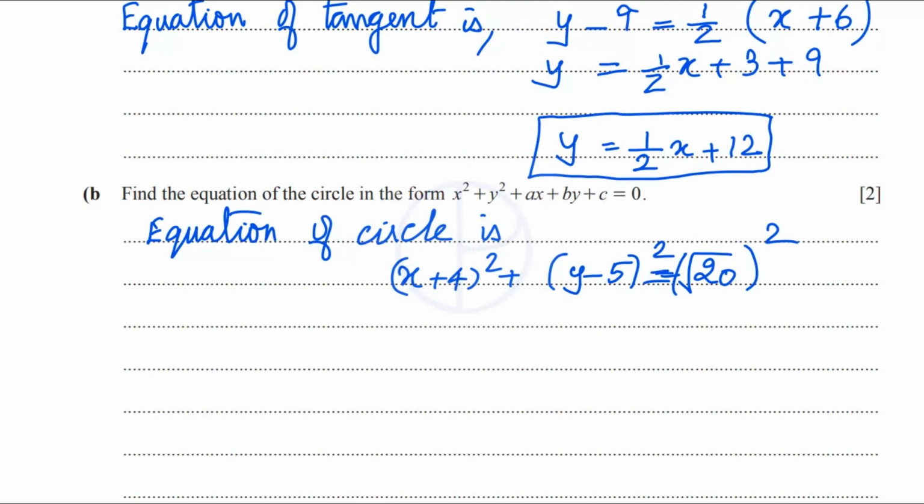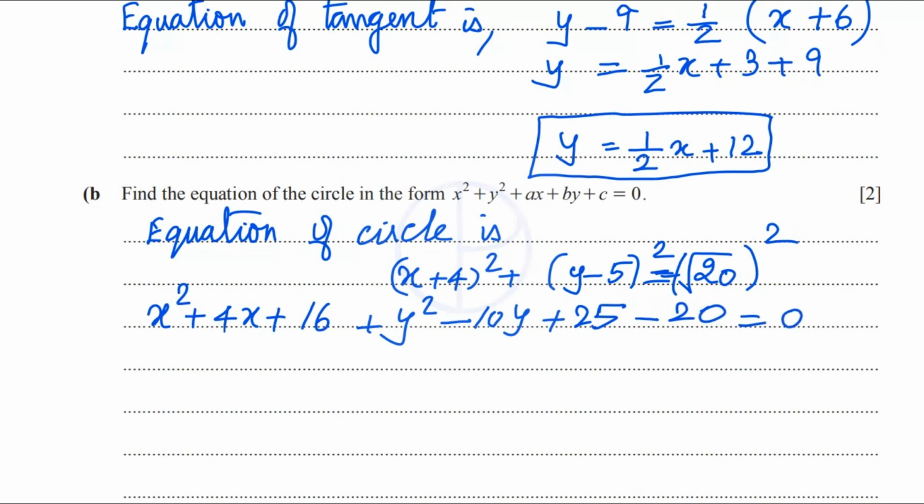Okay, now let's expand this one. x square plus 4x plus 16 plus y square minus 10y plus 25 is equal to 20. When it goes to the left side, it will become minus 20.